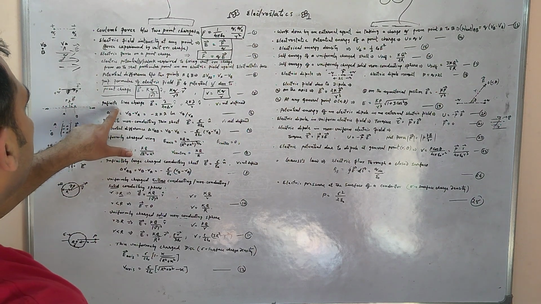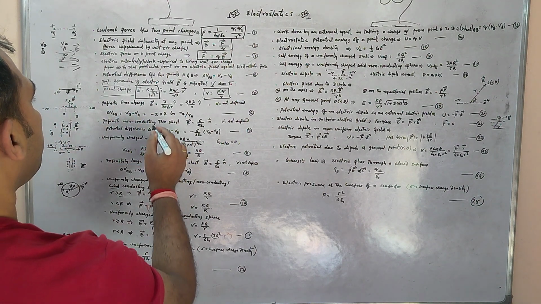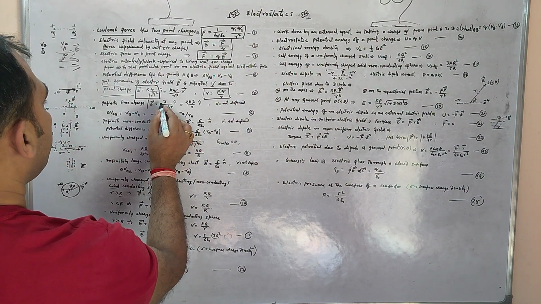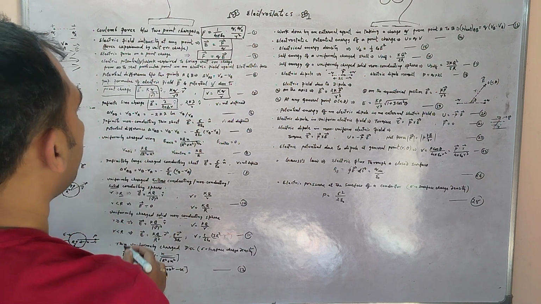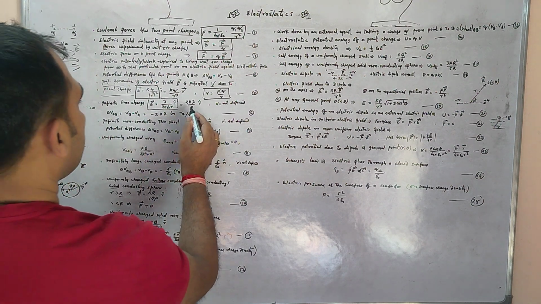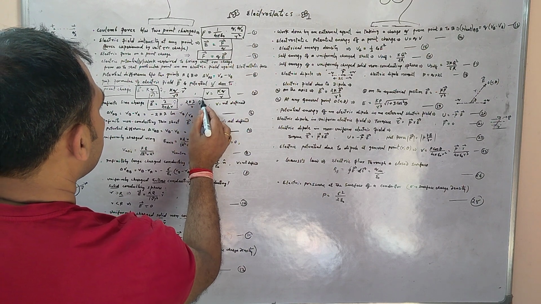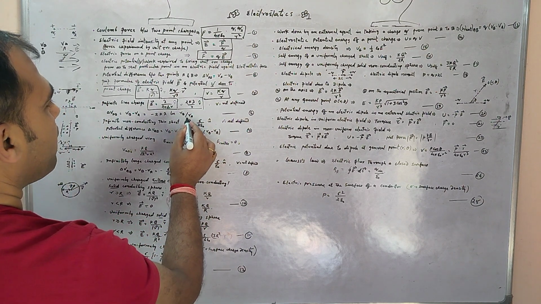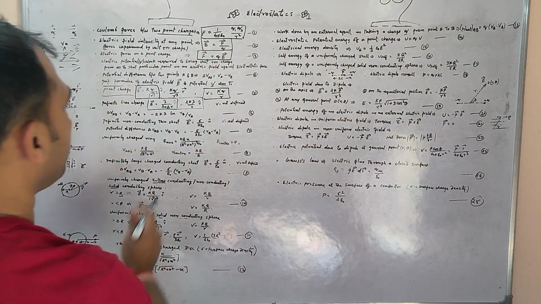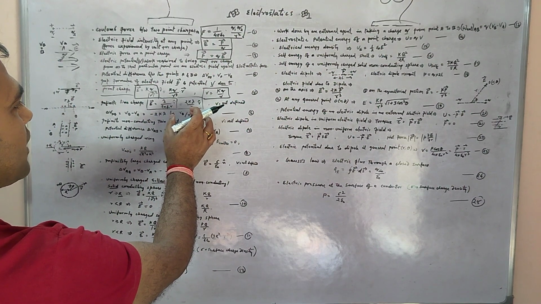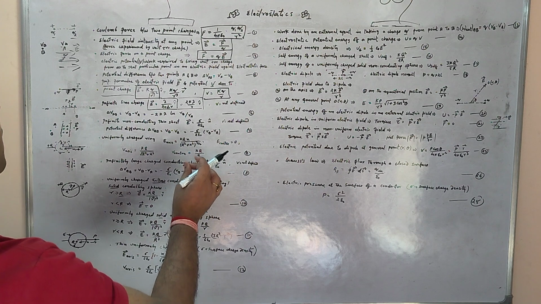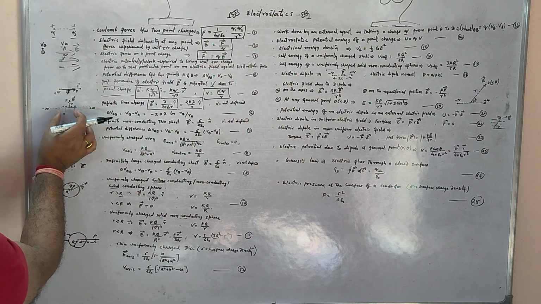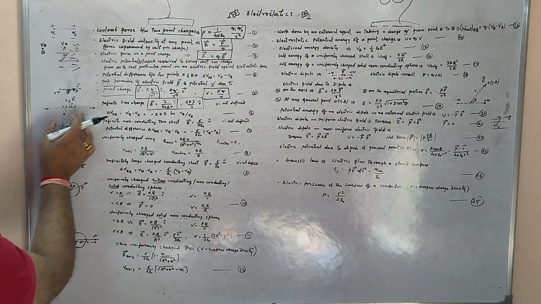Next, infinite line charge. Electric field will be equal to lambda upon 2 pi epsilon naught r, we can say, 2k lambda by r cap, where lambda is the linear charge density. This is an infinite line charge from minus infinity to plus infinity.